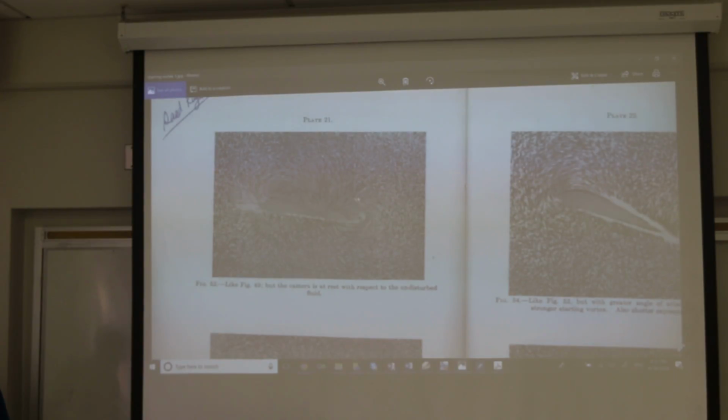So here is your starting vortex, and here is the bound circulation around the airfoil. And here is later in time. Your starting vortex convects a little bit with the flow, but the structure of the circulation around the airfoil remains. Do you see this? So this is how the lift develops.